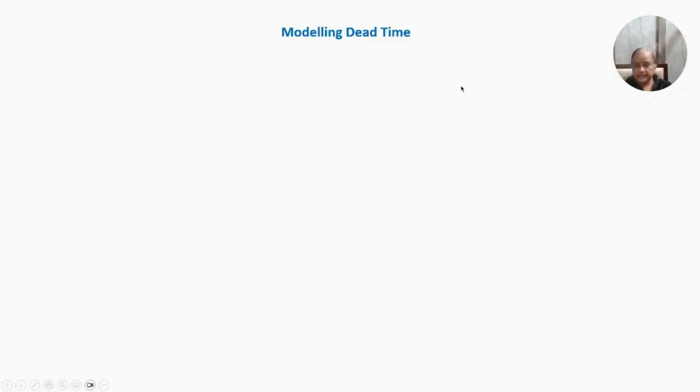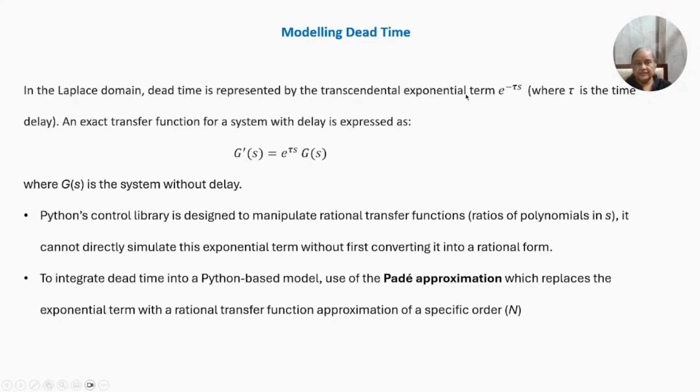So how are these dead times modeled? They have to be modeled in the S domain, appropriately considered along with the other system blocks. In the Laplace domain, the dead time is represented by an exponential term, e to the power of minus tau s, where tau is the time delay.